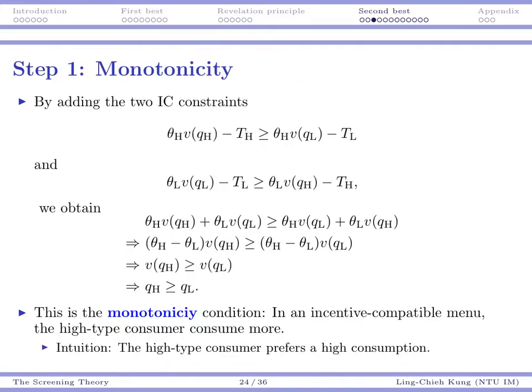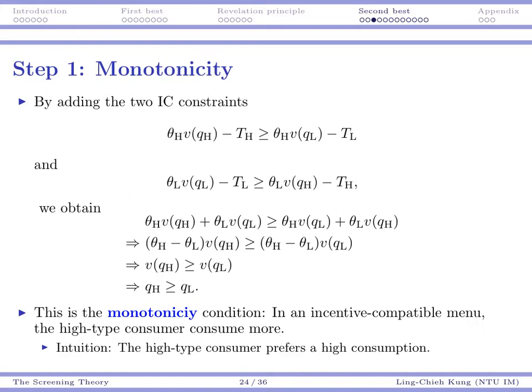So the first observation we may get is to add the two IC constraints together. So this is ICH and this is ICL. If we add them together, I'm going to cancel these four t variables, right? And then I will only get this sum of these two terms, which will be greater than or equal to the sum of the other two terms.